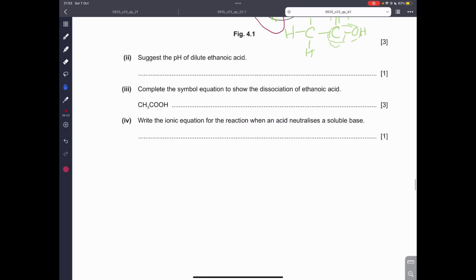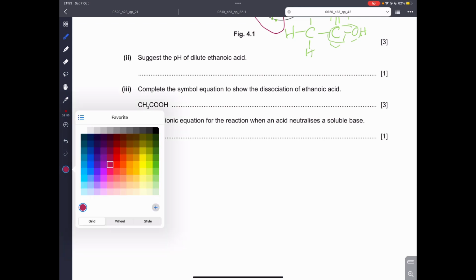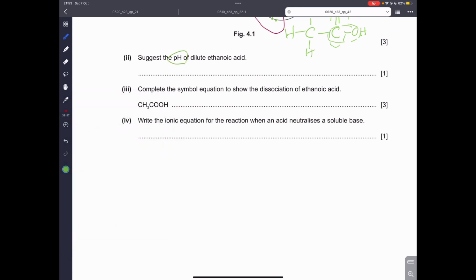Okay, moving on. We have to suggest the pH of the dilute ethanoic acid. Remember, ethanoic acid is a really weak acid. It is found in vinegar. So the pH has to be moderately high.